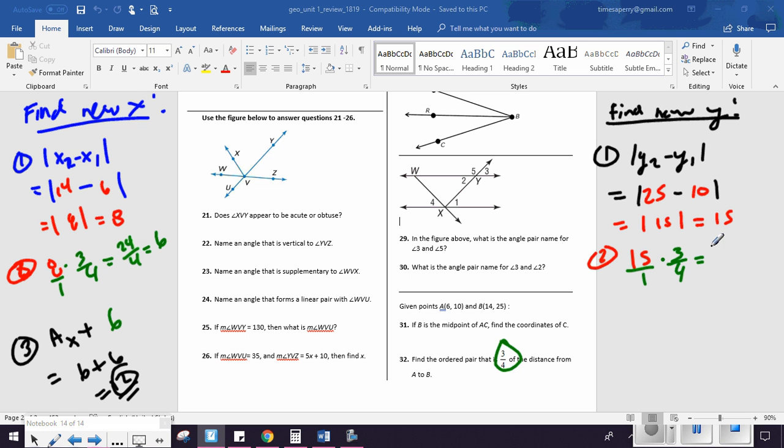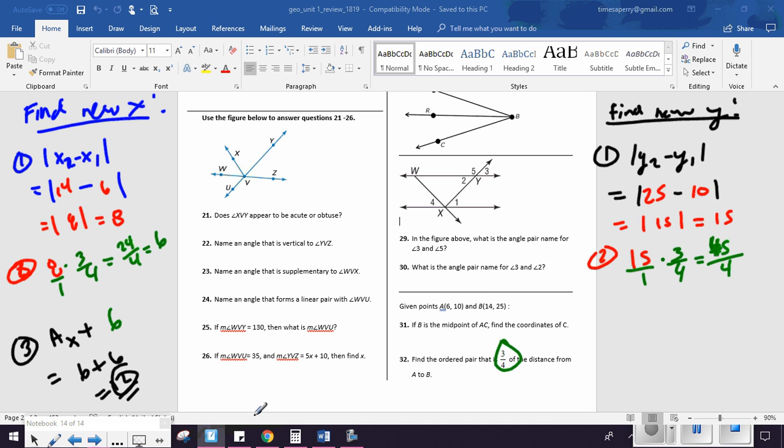So that's going to give me 45 over 4, and that cannot reduce.